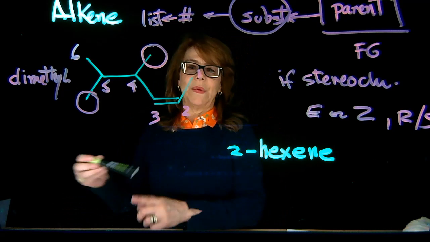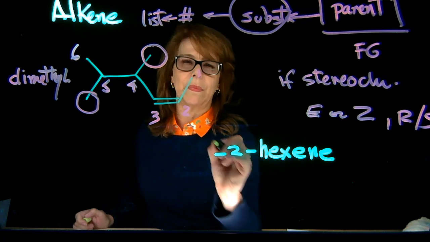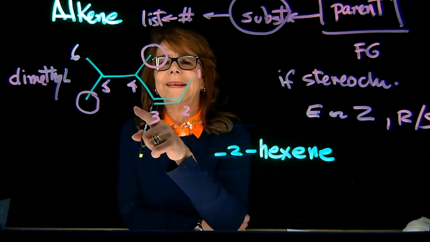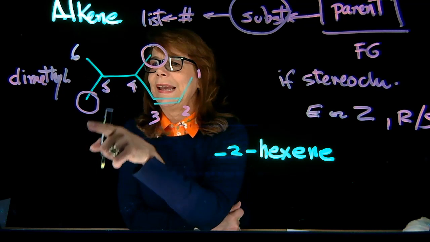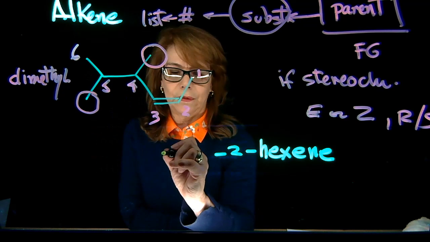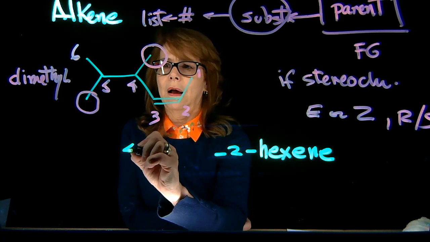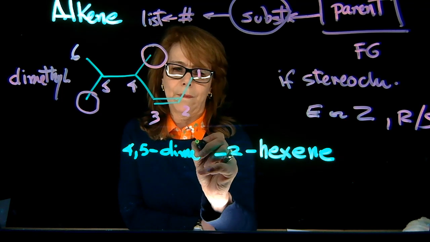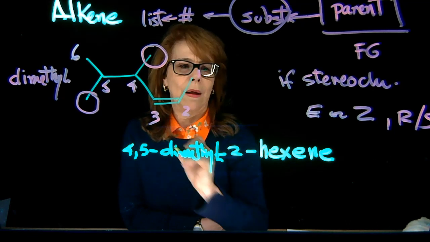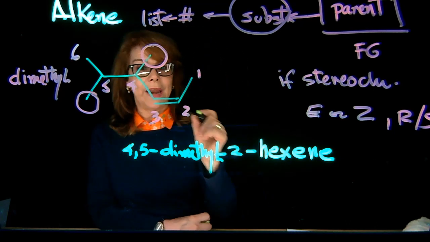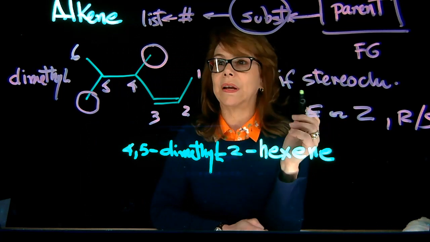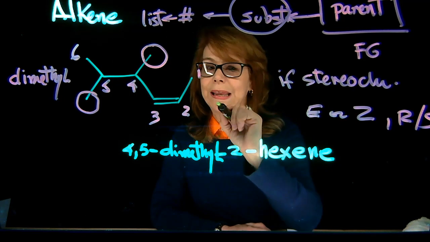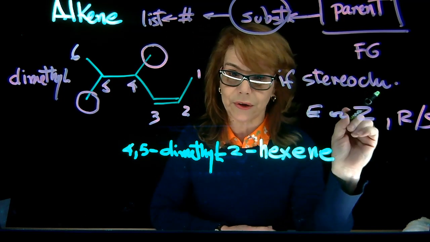They are on carbon 4 and carbon 5. So this is going to be 4,5-dimethyl-2-hexene.